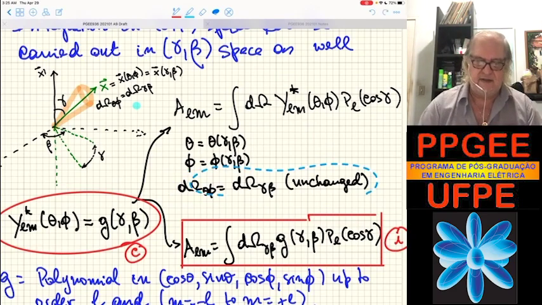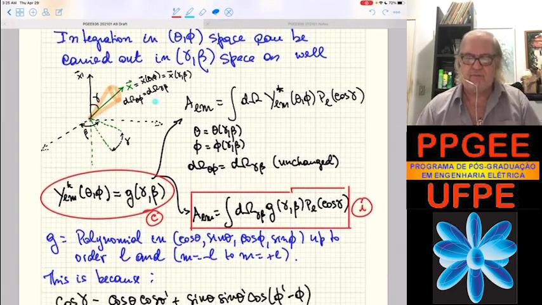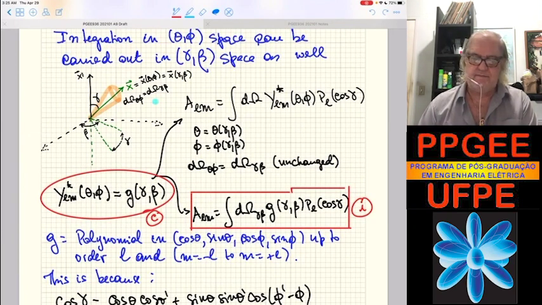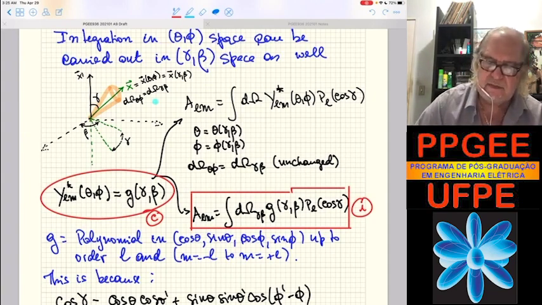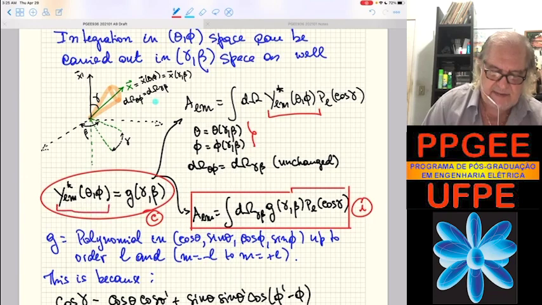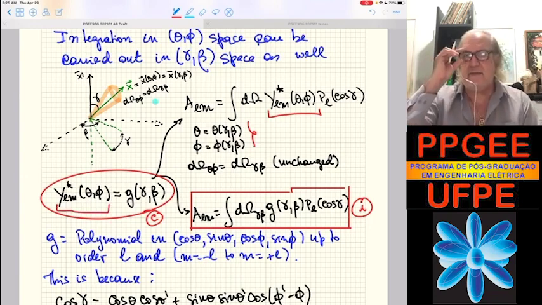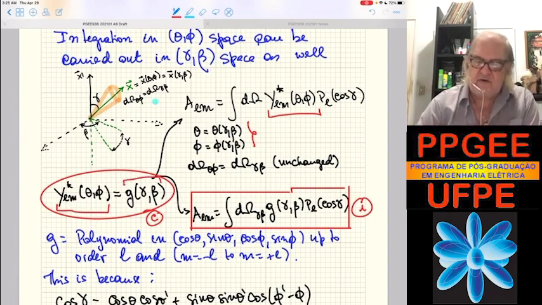So when I do that, I define this function as a function of gamma and beta. The YLM of theta phi, if I parameterize in terms of gamma and beta, is going to be a G of gamma beta.